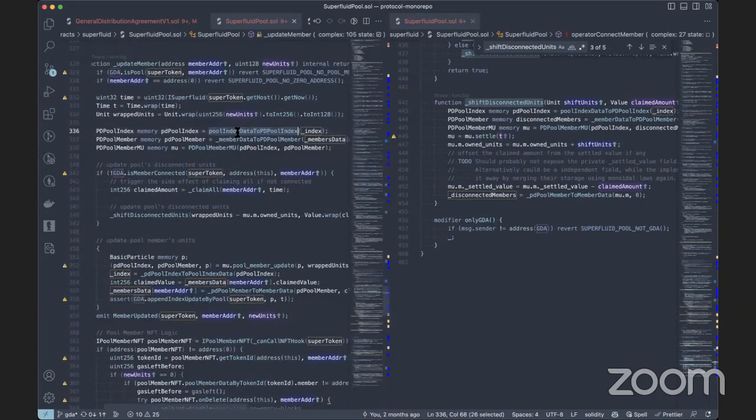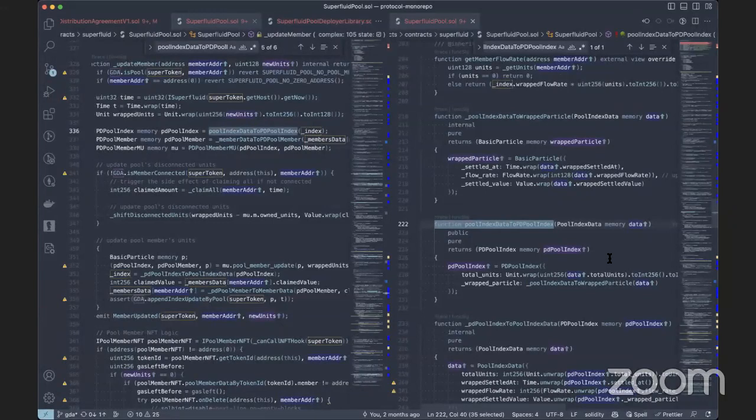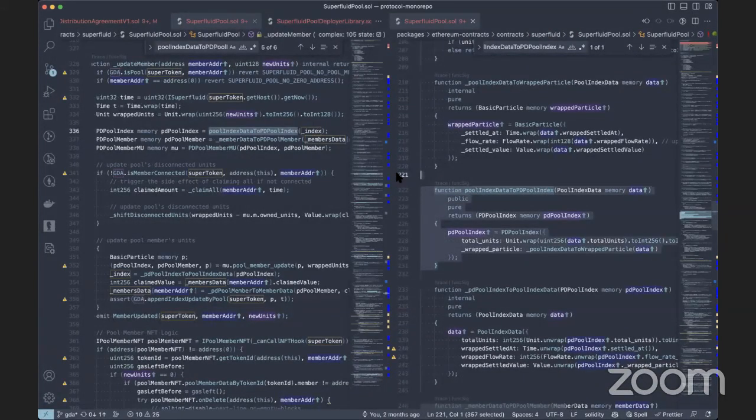Earlier I was mentioning that we have some interfacing that needs to be done between the contracts here and the semantic money library. This converts it into the correct type of wrapping, turning it into a wrapped particle, which is just a bunch of wrapping.